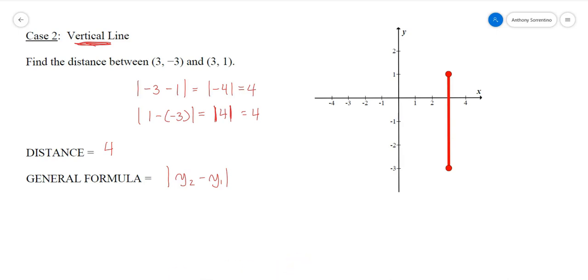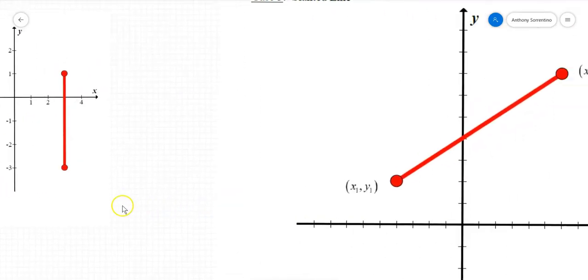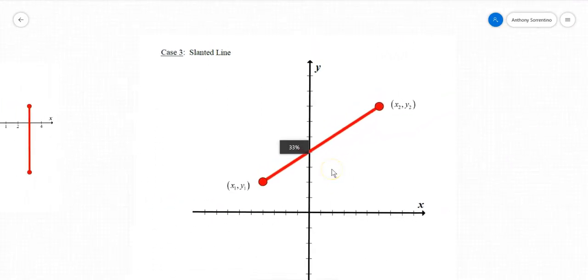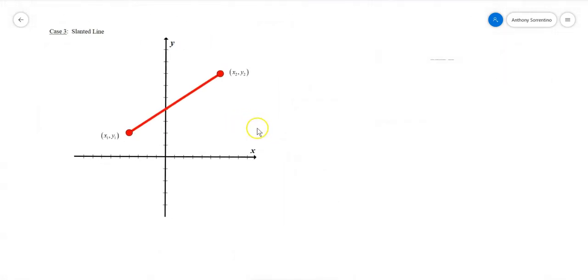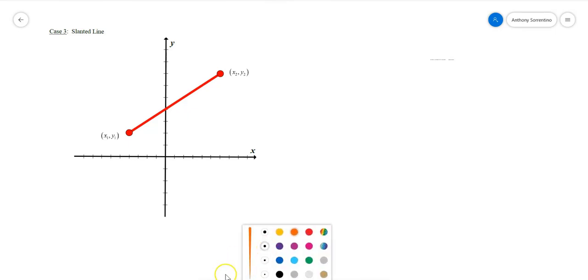The third case, and the most frequent case you're going to deal with, is what if they're diagonally oriented, and I have a slanted line? What do I do with that? Well, I can find a horizontal component for the distance.